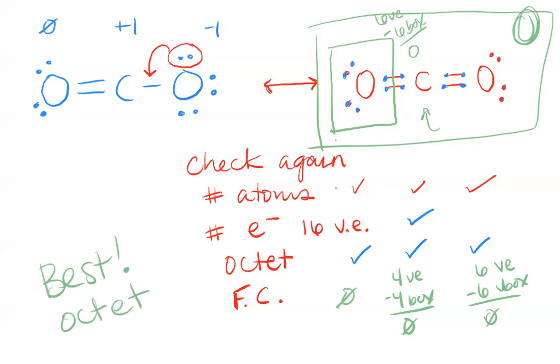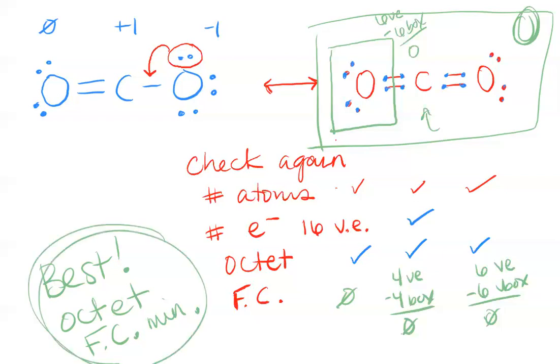All of the octets are satisfied. All of the formal charges are minimized, okay? So that's your goal right here. Octets and formal charges minimized. Chemists pick sometimes whether they go by the octet rule or by the formal charge rule. And sometimes real life is a combination of both of them.